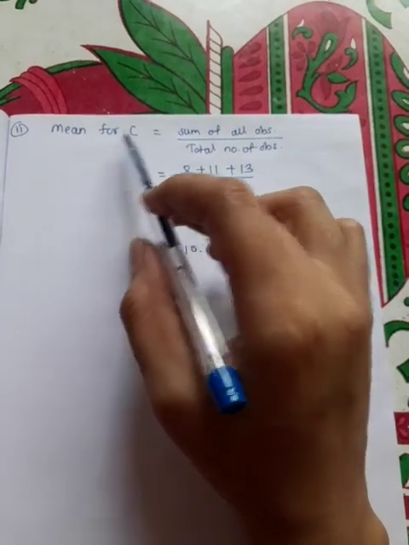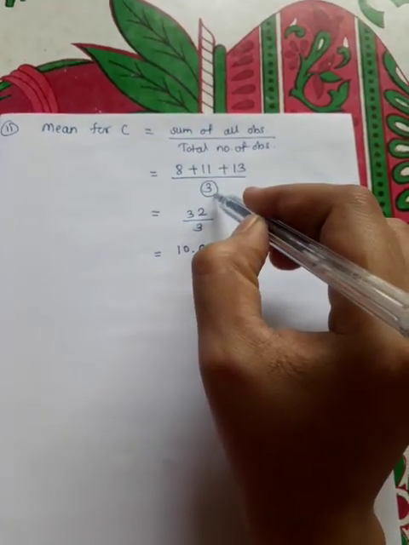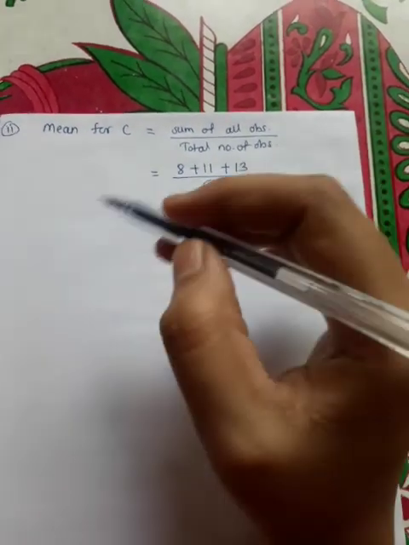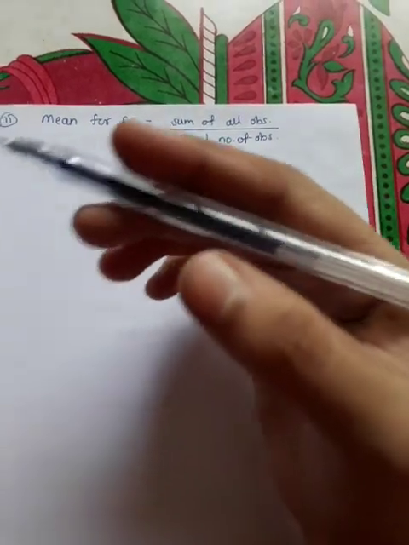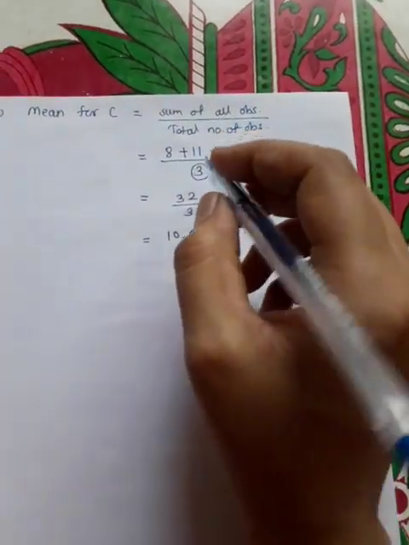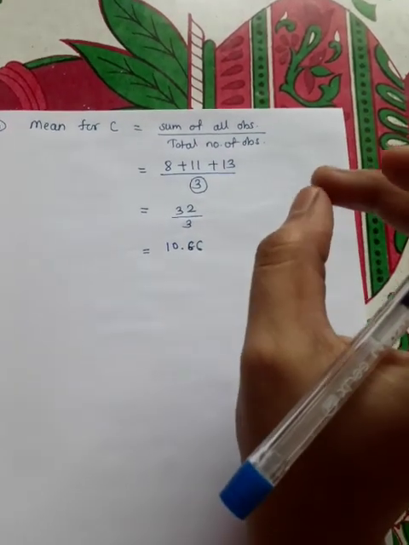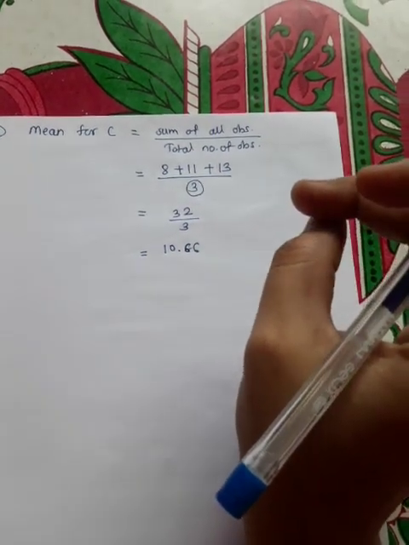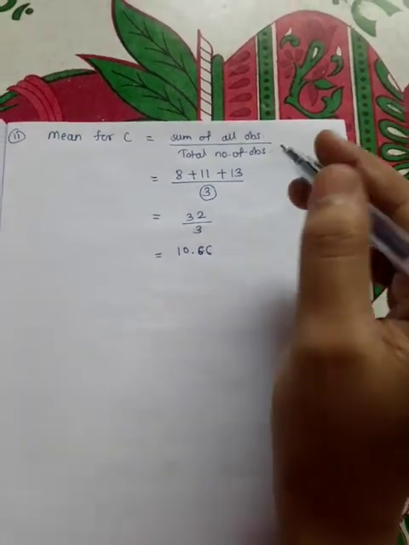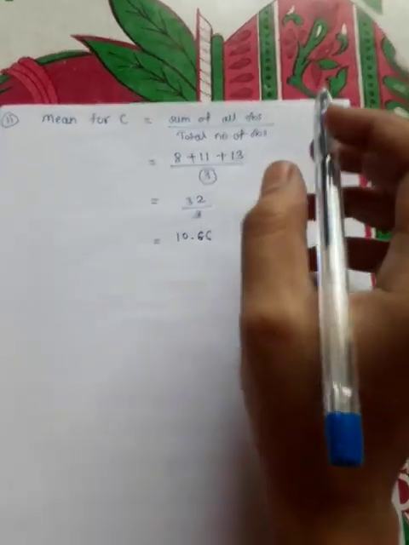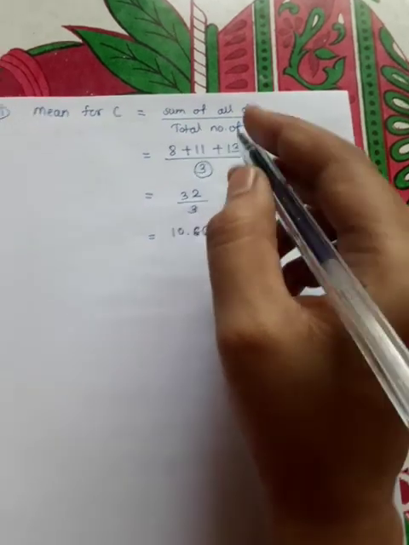To find the mean for C, we divide by 3, and they have also asked the reason why. The reason is that player C attended only 3 games, so the total number of observations is 3, and we divide by 3.